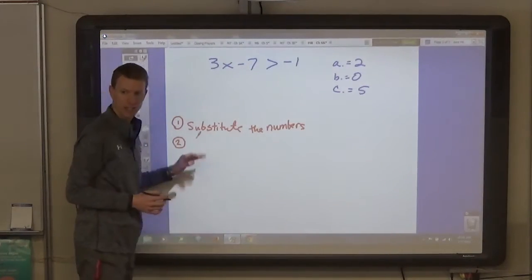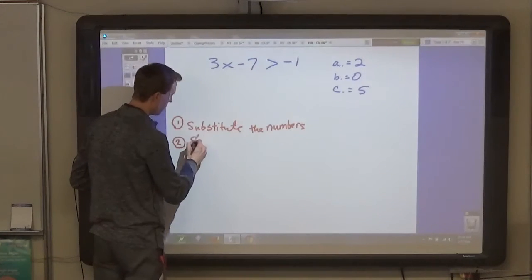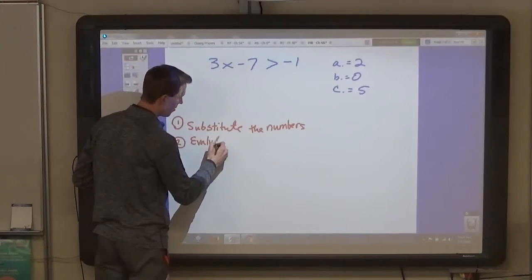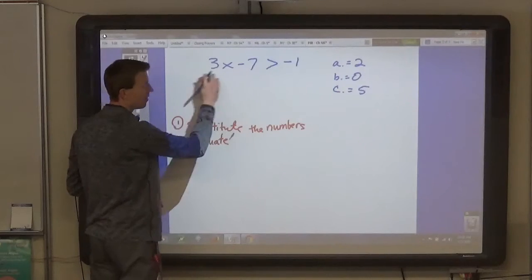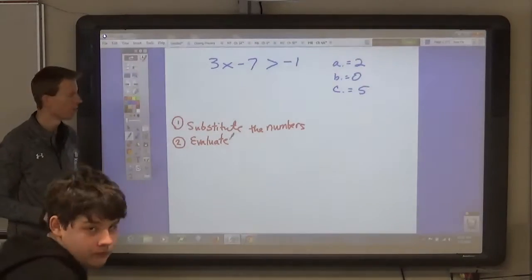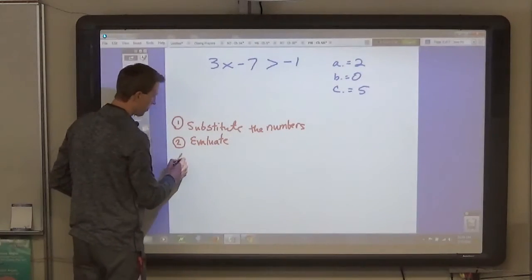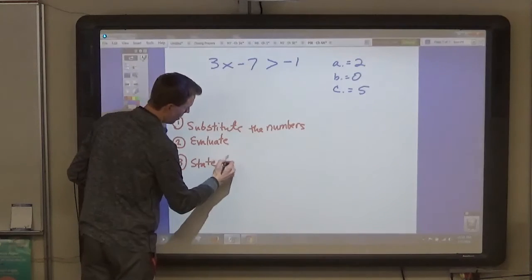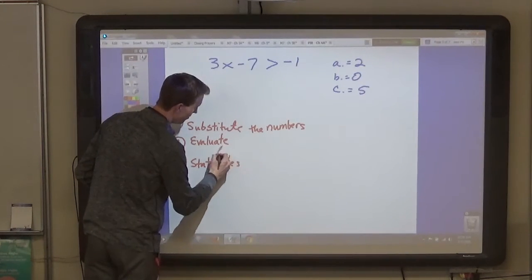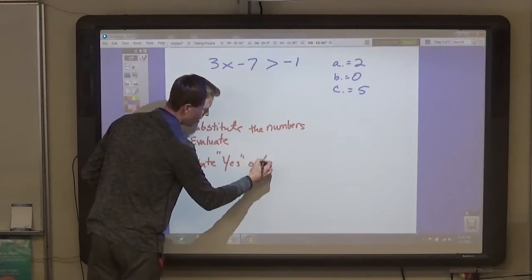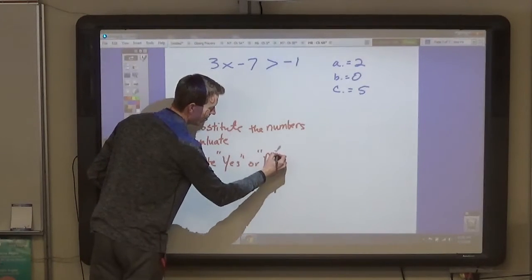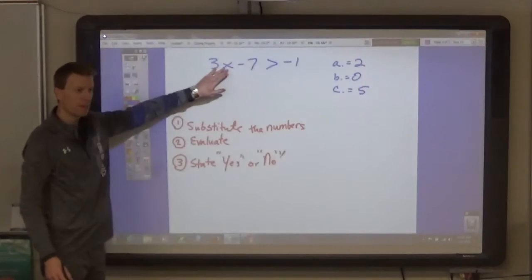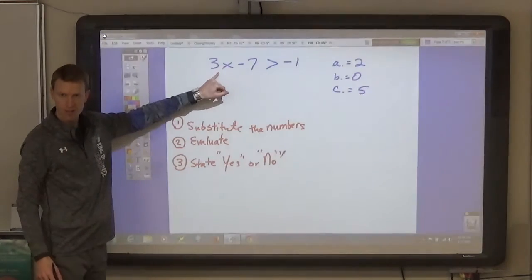Okay, we're going to solve this then, or evaluate it. Evaluate. That means find the number, right? And then state yes or no, depending on whether or not it makes a true statement, right?